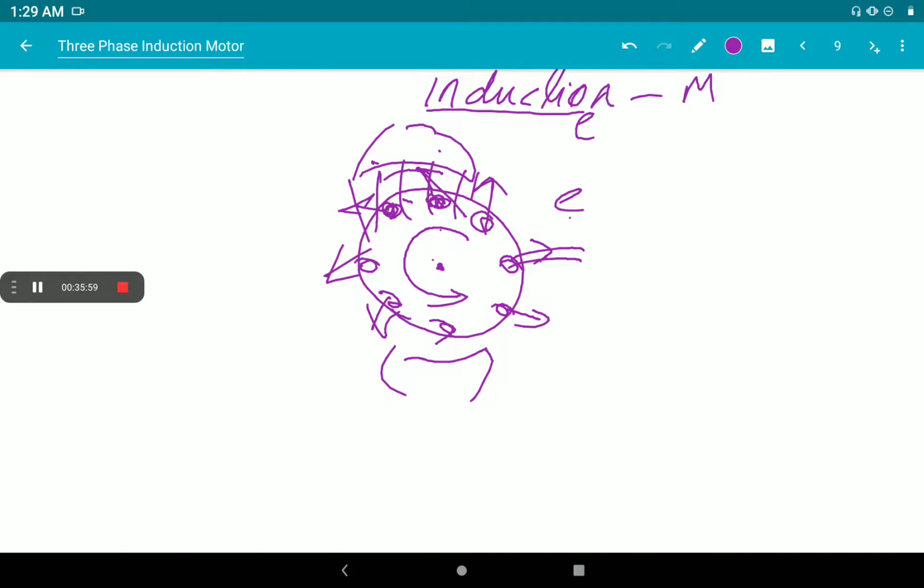And the current produced in this motor opposes the cause which produces it. So what is the cause? The cause is the relative motion between this stationary rotor and the magnetic field. So to oppose the relative motion, it starts rotating in the same direction.